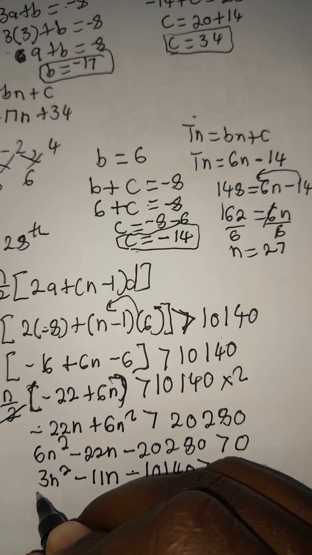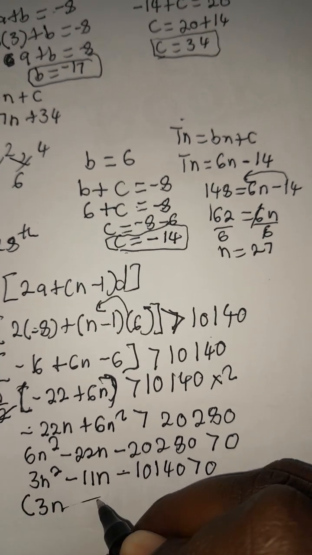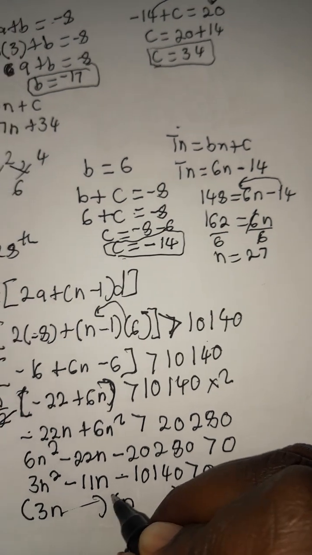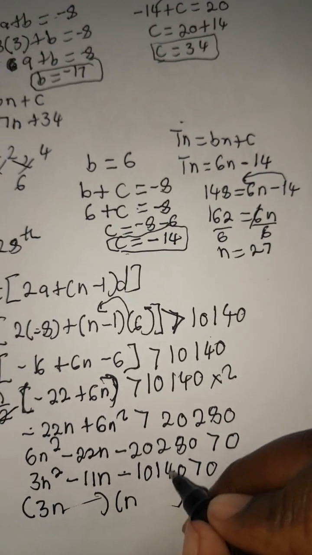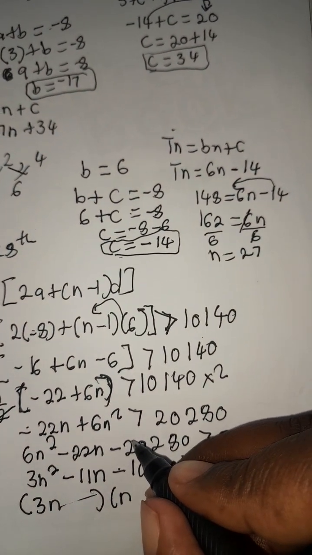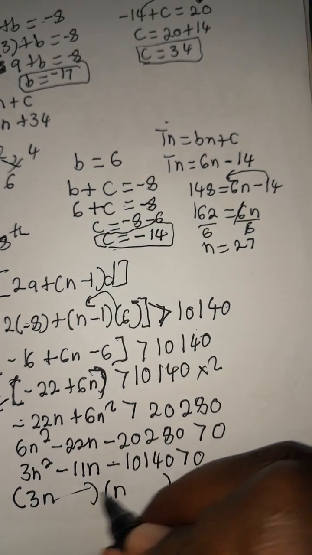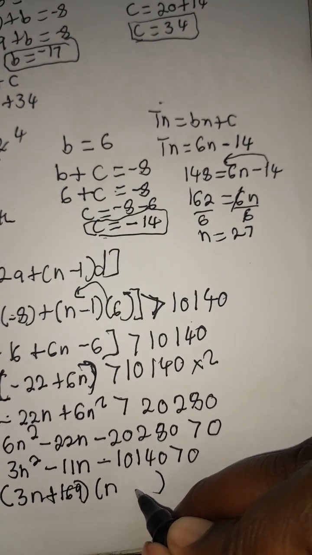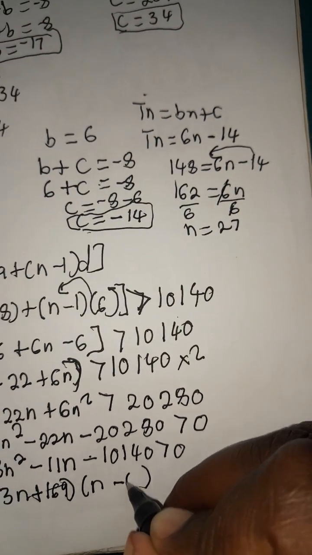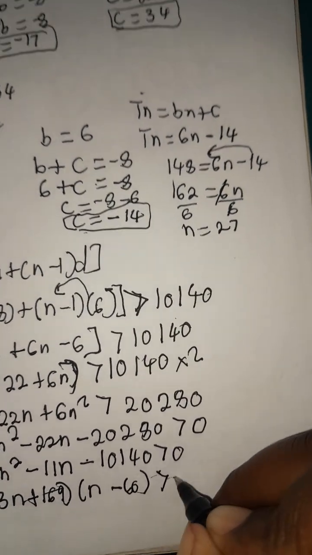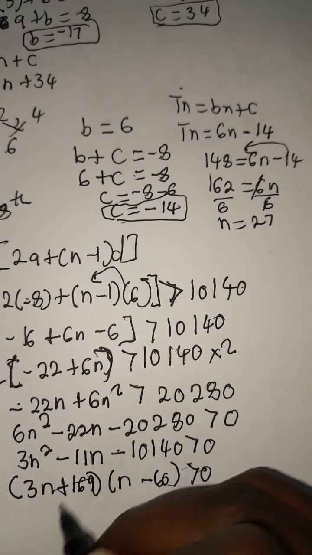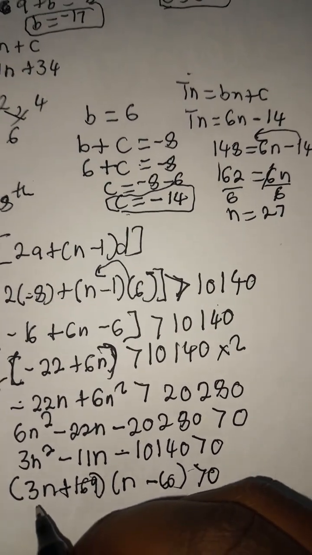Right. So from here we can factorize. The factors of 3n squared are 3n and n. Factors of 10,140 will be 169 times 60. So the signs will be different. We'll put 169 here, and here we will put minus 60. You can use your quadratic formula if you struggle to factorize, or you can use the cross method.